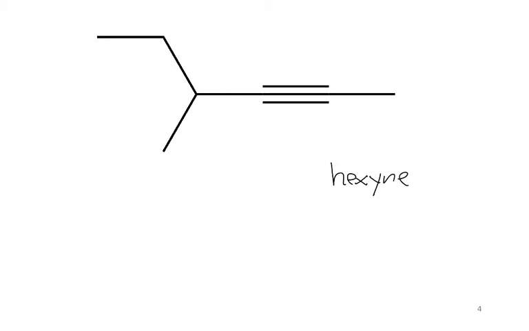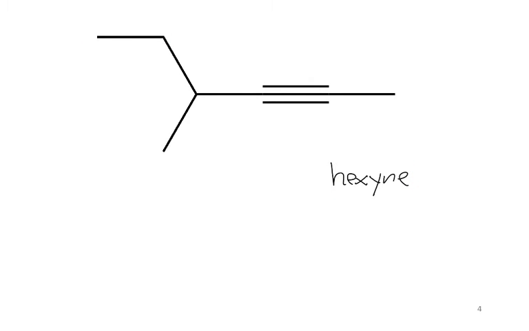But that's because the geometry about the triple bond is going to be linear. And so this molecule is in fact linear, but I know, right, because I stop writing the lines for the triple bond here, that means that there's a carbon here and here. So it's 1, 2, 3, 4, 5, 6. So that makes it hexyne.